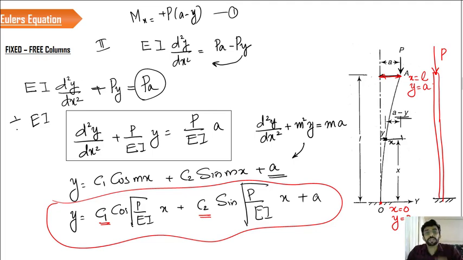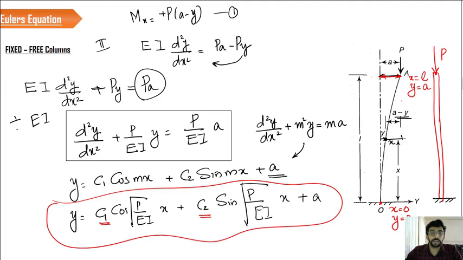Now we have one more boundary condition we have to use here, which is related to the deflection slope. If you look from 0 to a, we can see that the slope value is increasing. The rate of change of deflection is increasing from 0 to a. From 0 it is 0 and it has reached the maximum value at a.